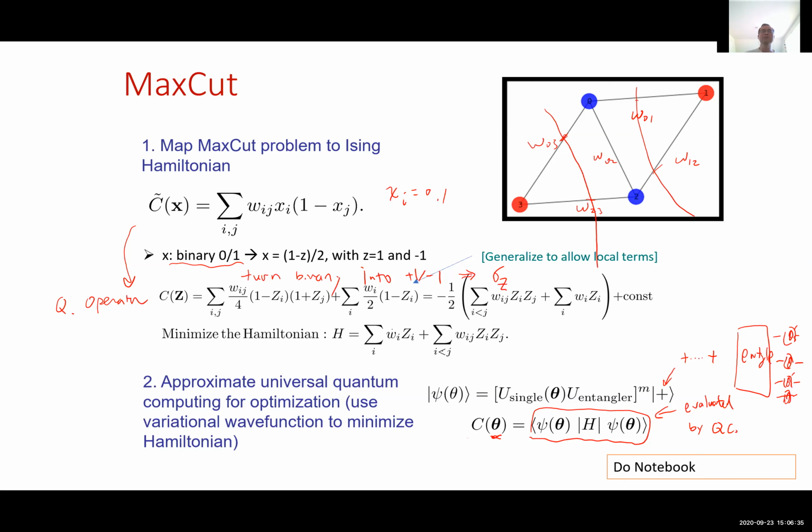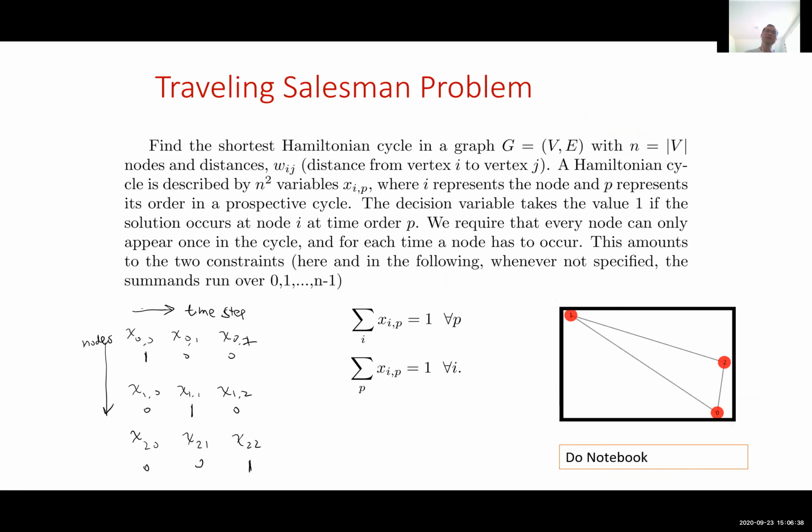Okay. Yes. So the next one is the traveling salesman problem. Quickly go over that, and maybe this is also related to the question that you just asked. Suppose you have 3 cities and you want to find a path to go from here and back.